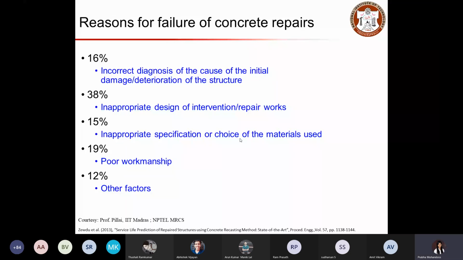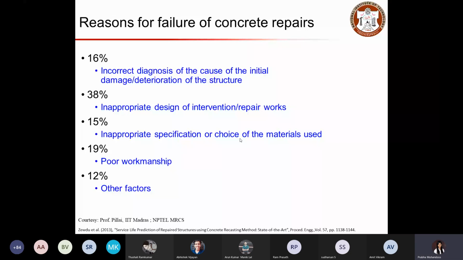So the point here is that with incorrect diagnosis, the cause for the repair would be some other reason, but the solution given would be for some other reason. It is like you have a headache and you go for a checkup, and instead of the headache you are given a prescription for a cold or some other reason, so at the end your issue will not be fixed.